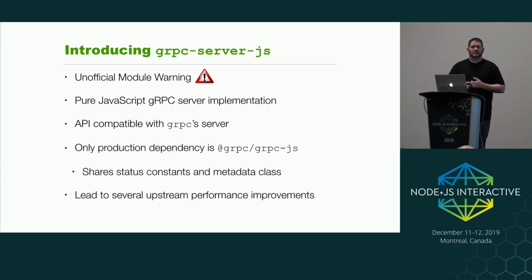So constants like status codes. gRPC uses its own status codes instead of typical HTTP status codes. And then the metadata thing that's used for transferring headers around and working with those. And when I was creating this, I was actually able to find a few bugs and opportunities to improve performance in the upstream module.